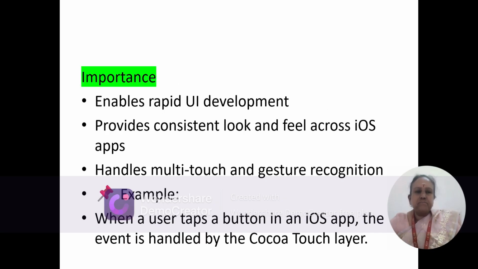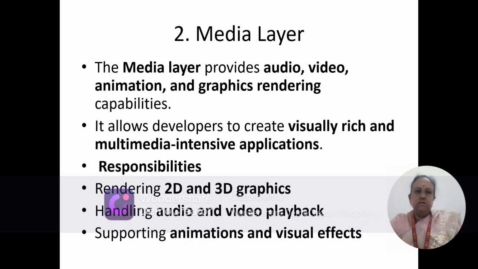And mainly the UI is developed through this particular layer, and it also handles multi-touch and gesture recognition. For example, when a user taps a button in an iOS mobile app, the event is handled by the Cocoa Touch layer.